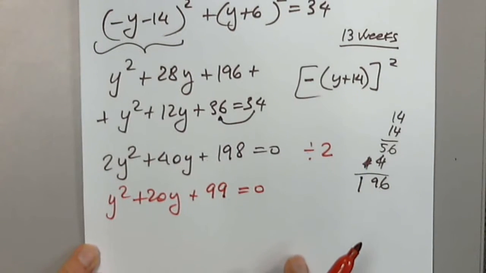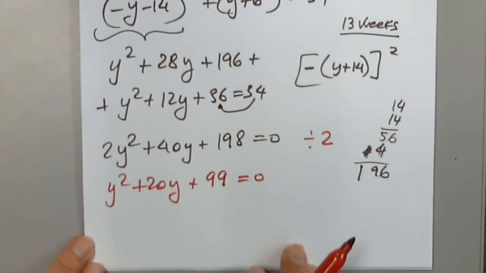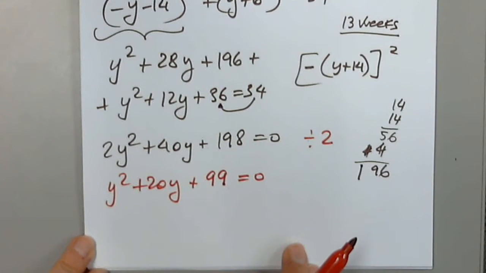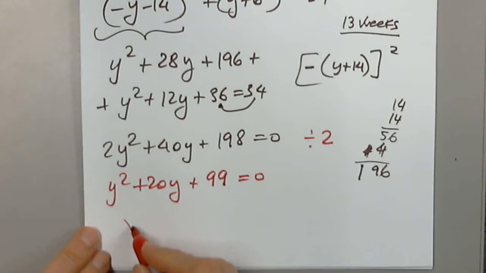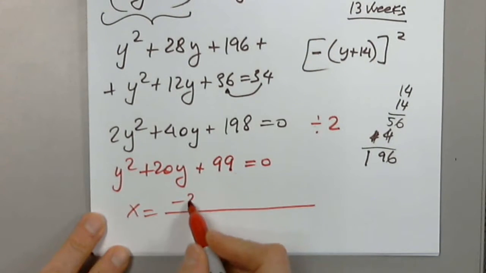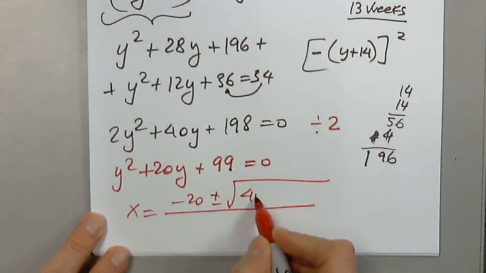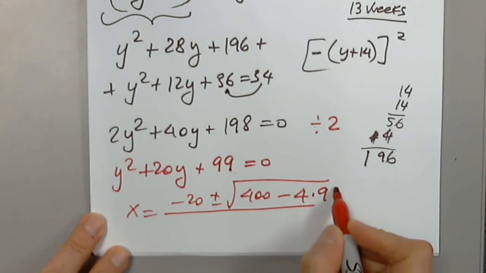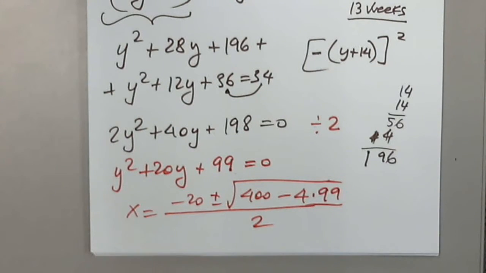Right. Now, if it takes more than a blink to factor, especially in a test situation, I'm not going to waste my time. I'm going to go ahead and use negative b plus or minus the square root of b squared minus 4ac over 2a, and put it in the graphing calculator.